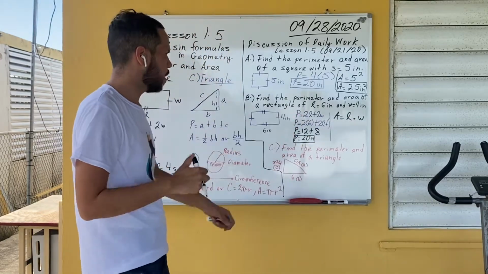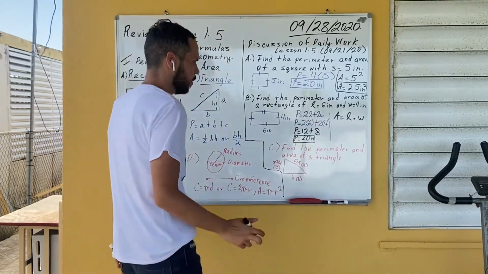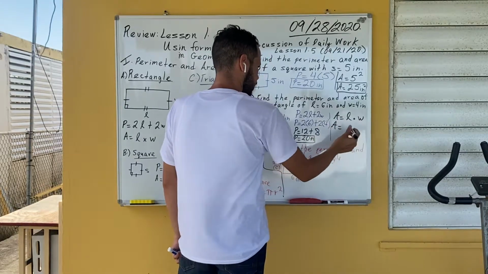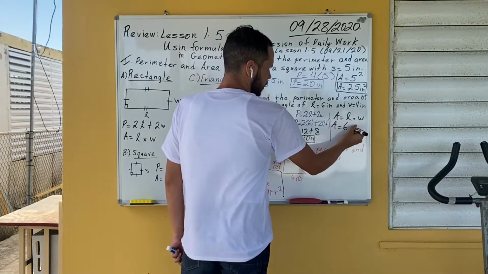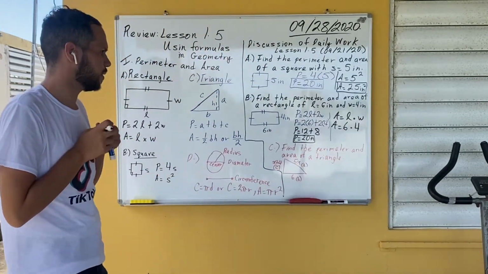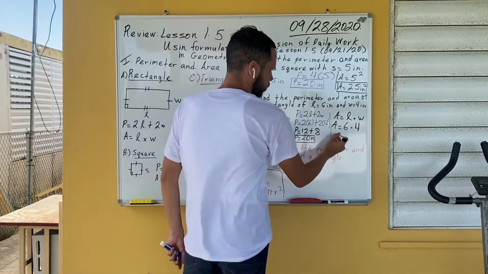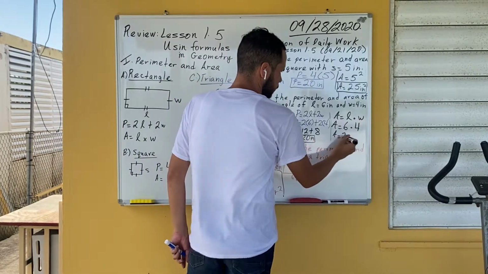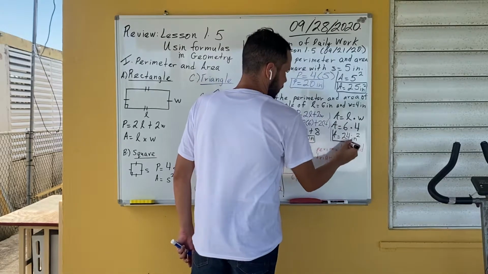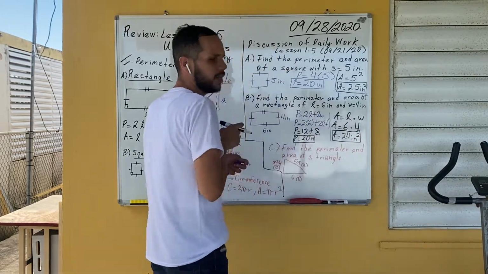So we're gonna multiply the length times the width. So this is going to be, esto sería, 6 times 4. Okay. So the area of this rectangle is 24 inches. Okay, so there we have the area of the rectangle.